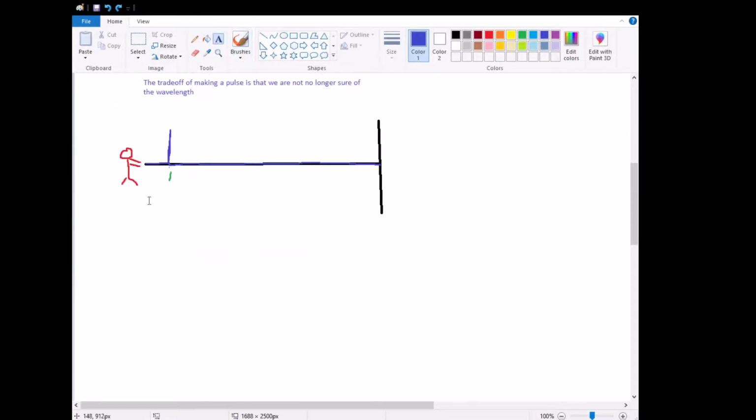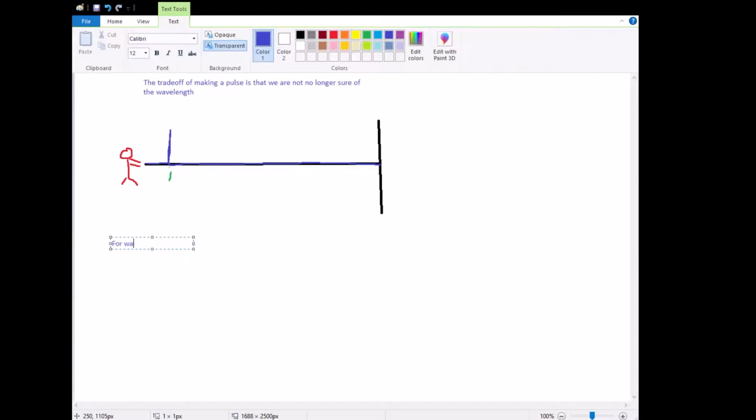So evidently, for waves, there is a trade-off between knowing position and knowing wavelength. The more accurately we know one value, the less accurately we know the other.